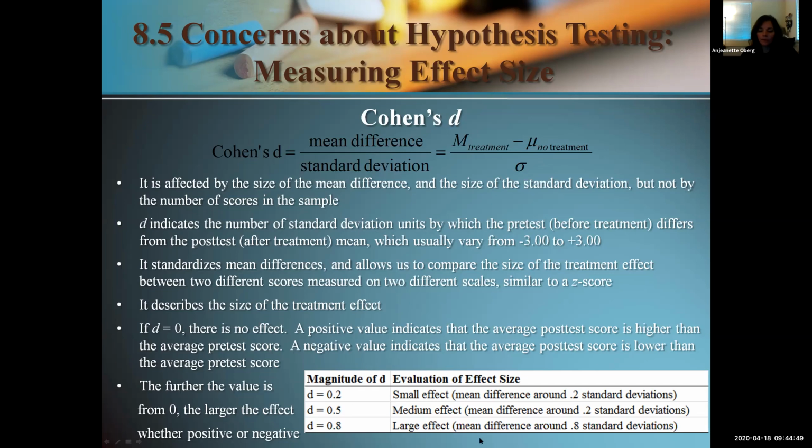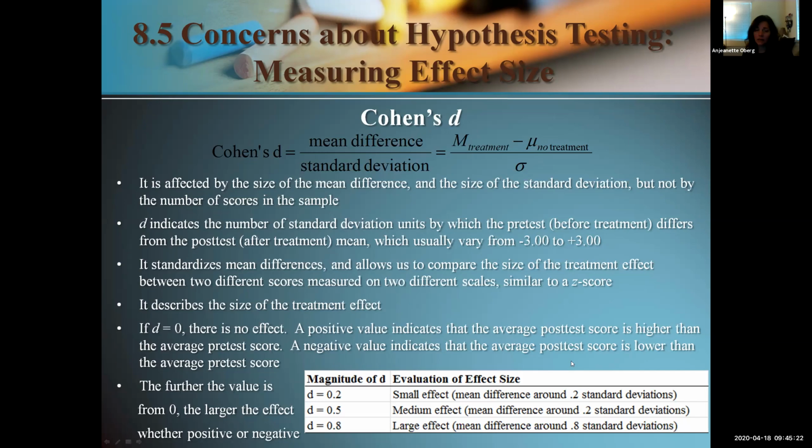I also want to give you a reference here at the very bottom right. It's showing you a table. So we talk about small d's, medium d's, and big d's, so small, medium, or large effects, okay? When it's 0.2 or below, that's considered a really small d.